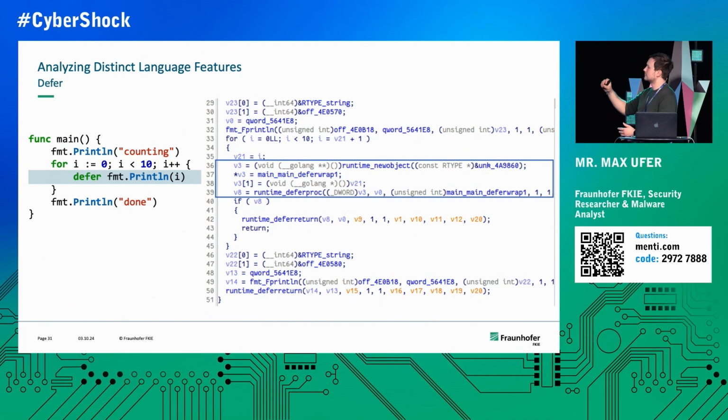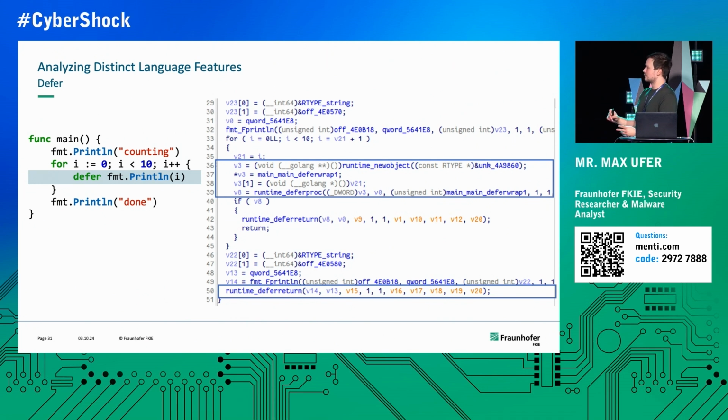This will basically put this function call on the defer stack. So the structure is the same as it was for goroutines. And then at the end of a function, there will be a call to runtime defer return. This function will then handle this stack of function calls which has been placed during the function, and will call all the functions in reverse order to perform these cleanup operations.